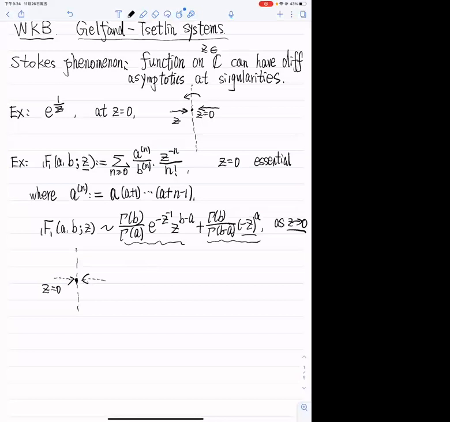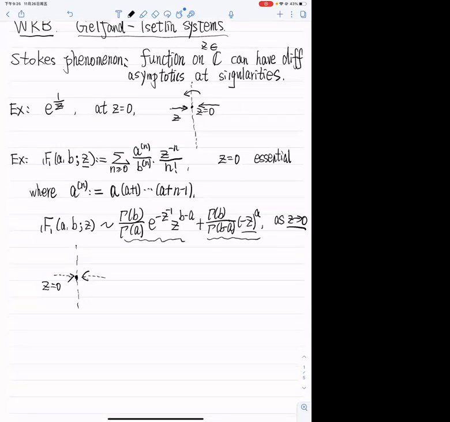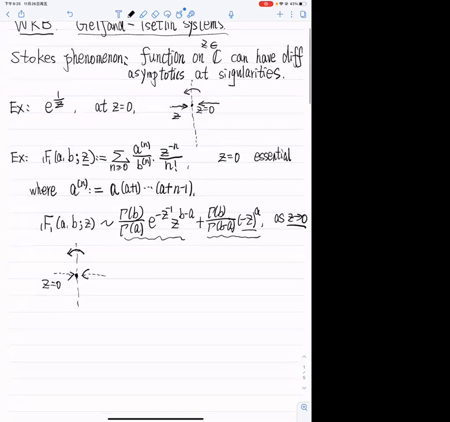So it shows that the Kummer function has different asymptotics as z goes to 0 from the left or from the right half planes. The asymptotics jumps as you cross the purely imaginary axis, just as for the exponential function.